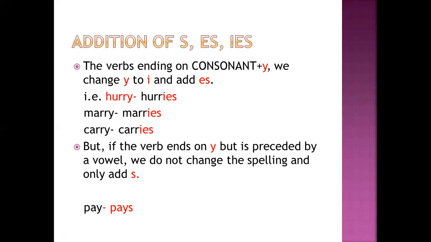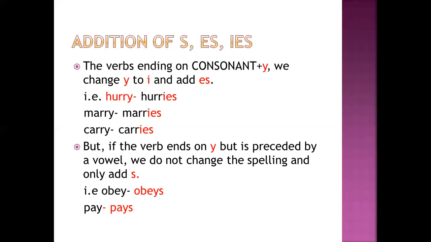But if the verb ends in y but is preceded by a vowel, the opposite of the first condition where the y was preceded by a consonant, what happens? In such a case, we do not bring about any change in the spelling and only add s. For example, obey becomes obeys.